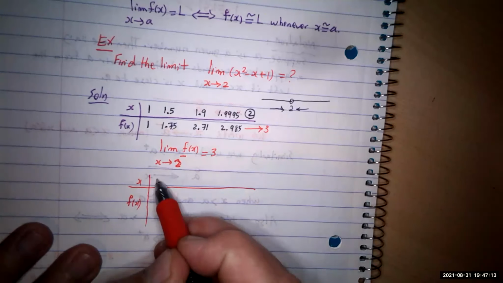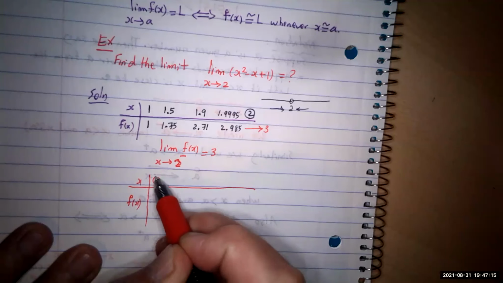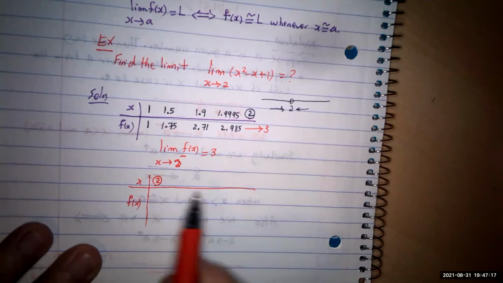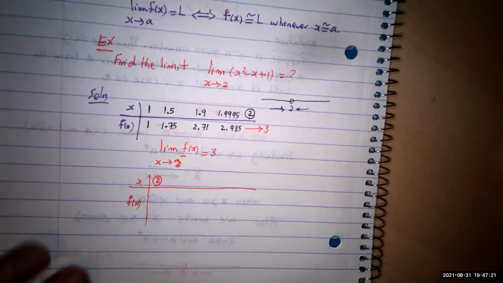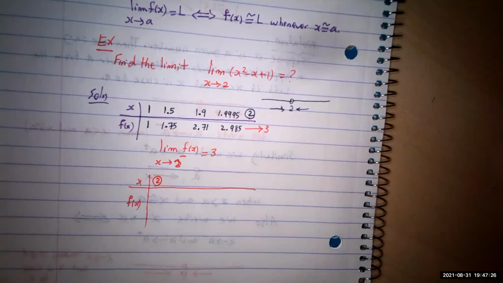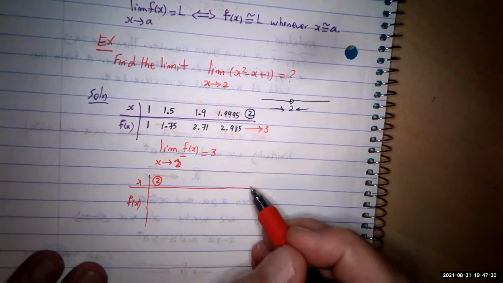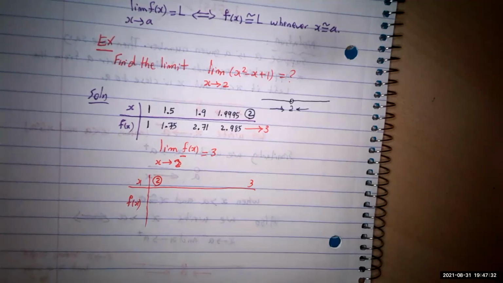You start with 2, you make sure that you're not going to pick 2, and you pick something bigger. You can pick any number you like. If you pick a bigger number, you won't have any difficulty for the big numbers. Your difficulty would be the smaller numbers. So I'm going to get the range between 2 and 3, to find out what would happen to the value of the function.